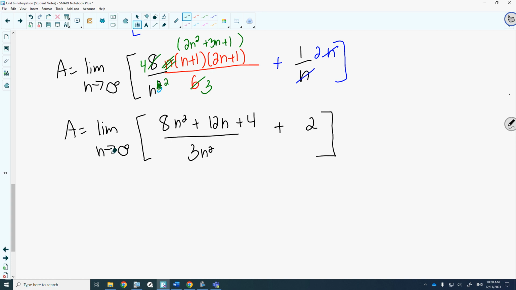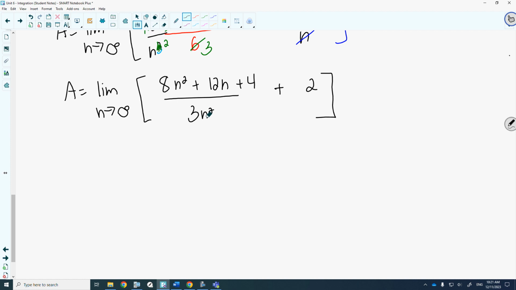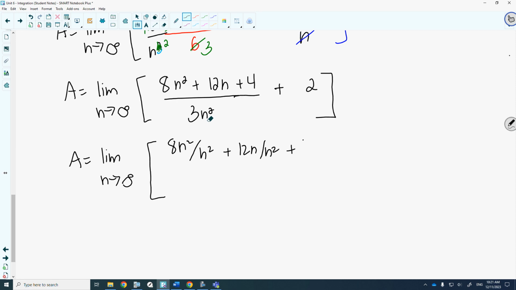So the limit as n approaches infinity of 2 is just going to be 2. So I need to figure out what's going to happen over here. And I'm going to divide each term by the n squared, so the highest exponent in the denominator. So I'll have 8n squared over n squared plus 12n over n squared plus 4 over n squared, over 3n squared over n squared, plus 2.